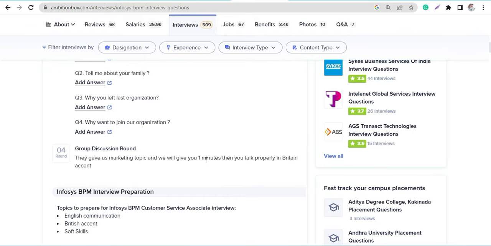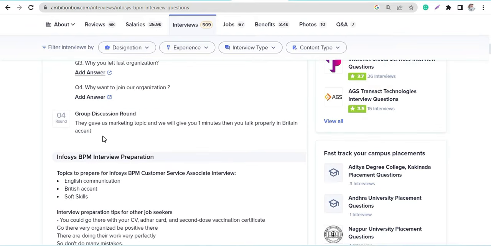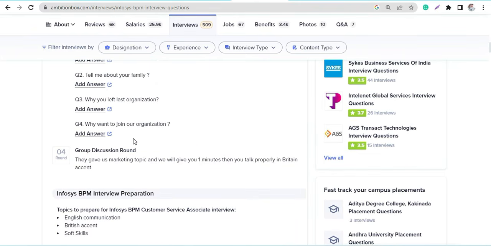Next is your group discussion round. They can give you any topic, and you have to speak for a minute. So ensure that you speak well. You should be very clear in your mind while speaking on those topics. You should have a fair idea.